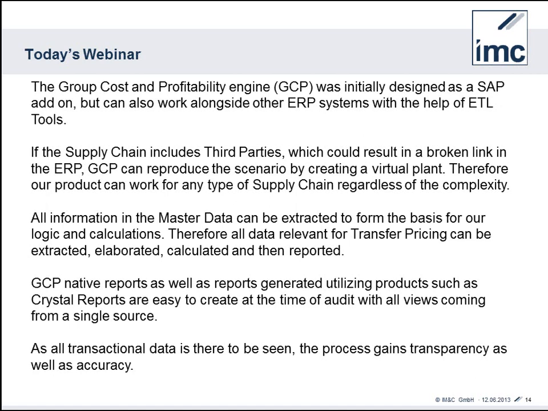For example, we had clients where part of the sites were on a completely different type of ERP, like J.D. Edwards. In that case, we use ETL tools to extract the data from those other ERP systems, as we do from SAP for the SAP sites, and then we put everything together in GCP.